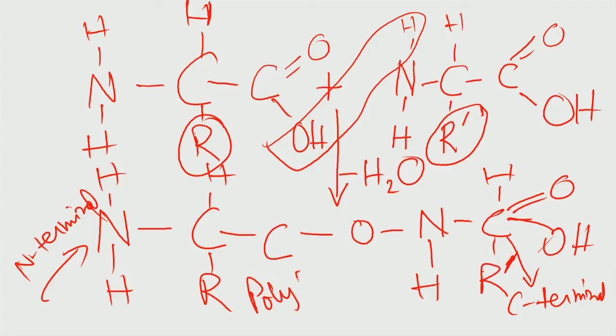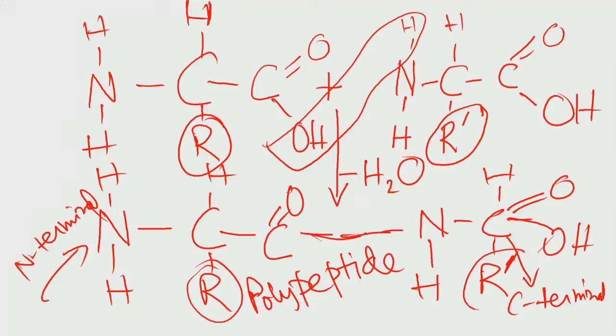So, essentially, a protein is nothing but a polypeptide chain. Depending on whether you have R prime, R double prime, or different organic radicals attached, a protein molecule has a different amino acid sequence, and therefore two protein molecules will certainly be different.